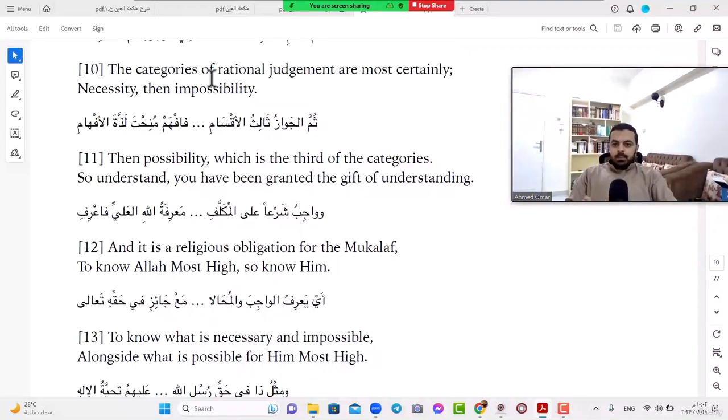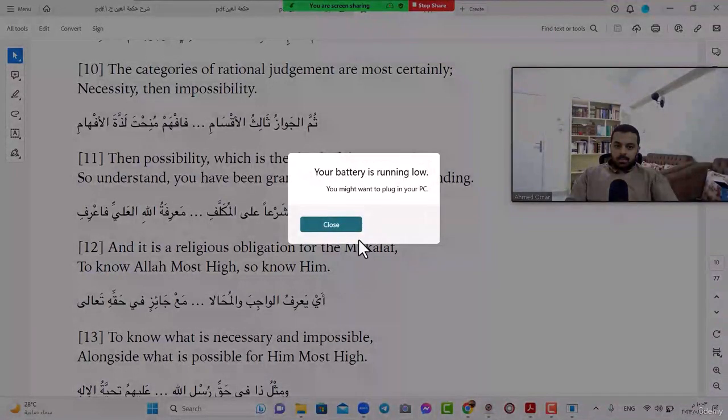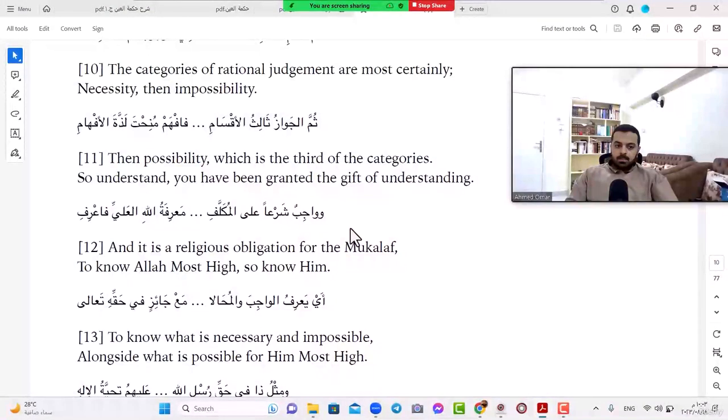The categories of rational judgment are most certainly necessity, then impossibility, then possibility, which is the third of the categories. So understand, you have been granted the gift of understanding. And it is a religious obligation for the mukallaf to know Allah Most High, so know Him. To know what is necessary and impossible alongside what is possible for Him Most High.